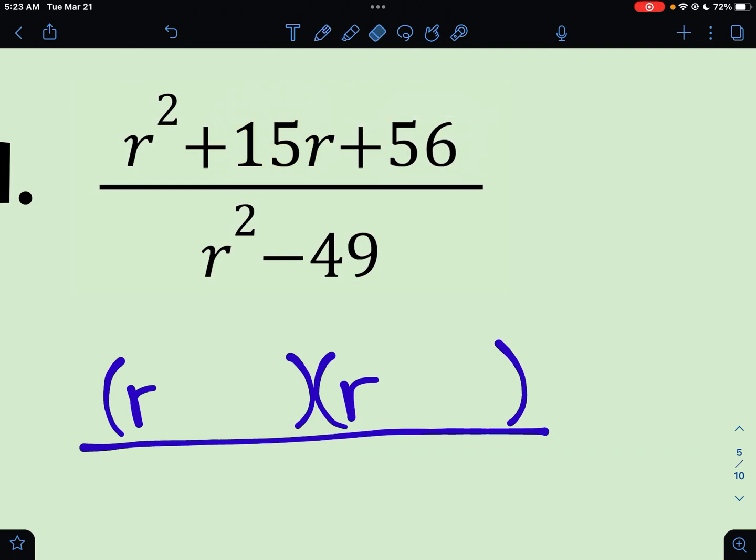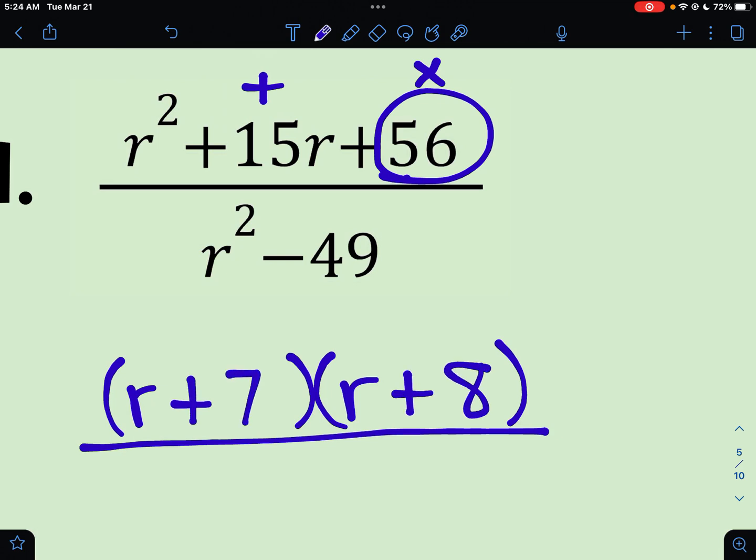Oh my gosh, I said that wrong. I'm too far into the video to start over. I'm sorry. I need factors of 56, two numbers that multiply to 56 that add to 15. Well, one of my favorite multiplication facts is 7 times 8 is 56. I always remember because it goes 5, 6, 7, 8. They're both positive, so I'm going to add in both parentheses.